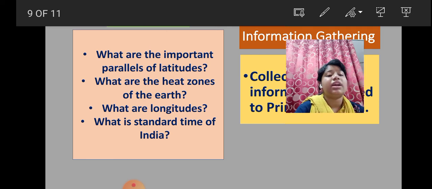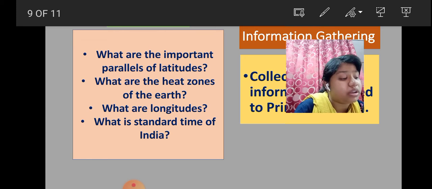All the countries are located in one or the other longitude. The countries should choose their standard time in such a manner that it is a multiple of 7.5. Likewise, India has chosen its standard time as 82.5 east longitude, located in the northeast.